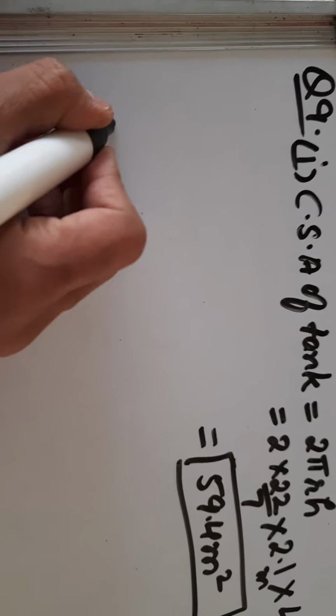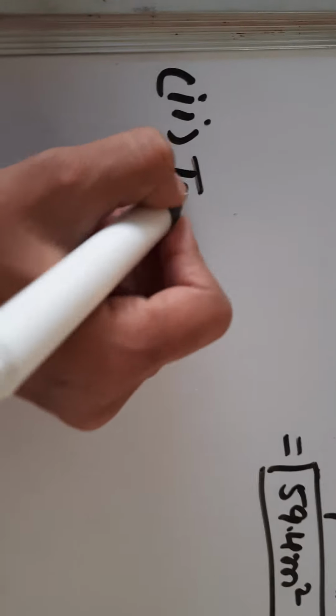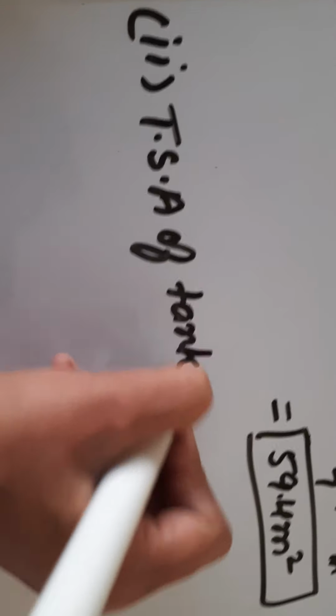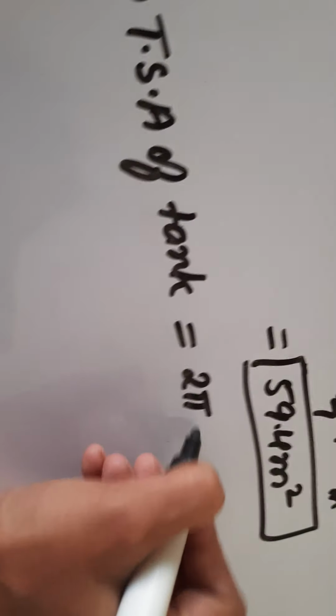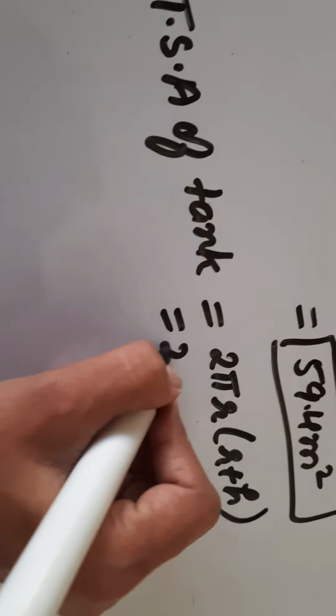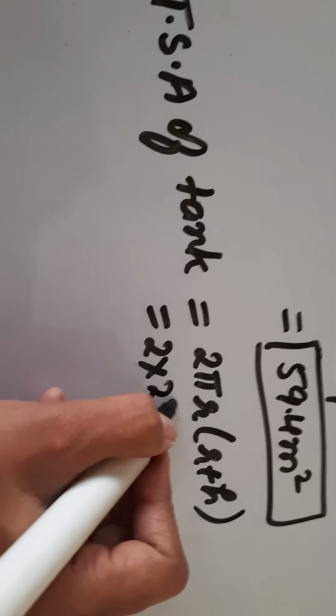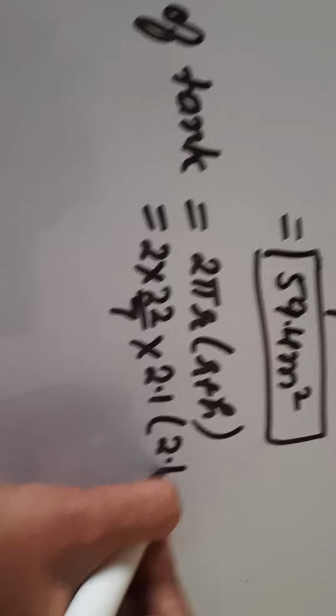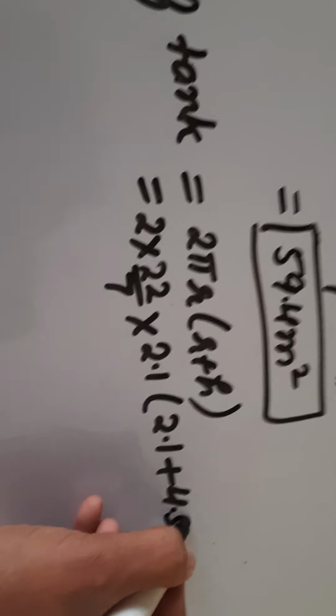So before solving this part, we have to find out the total surface area of the tank. And what is the formula for that? Its formula is 2 pi r into r plus h. So we'll just put the values. 2 into 22/7, radius is 2.1, so 2.1 plus height 4.5.